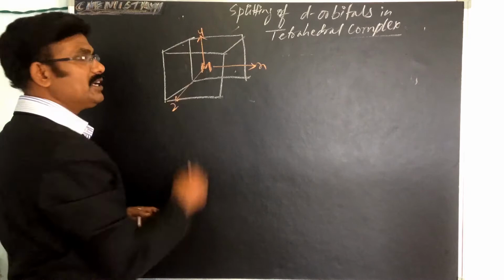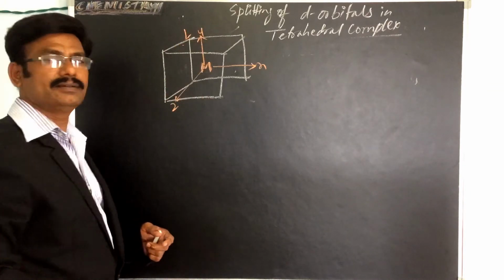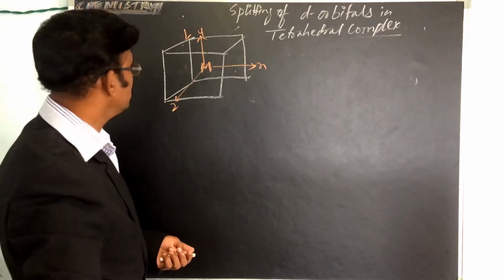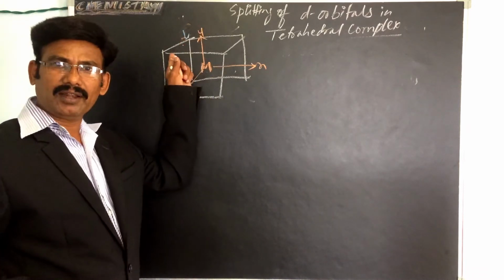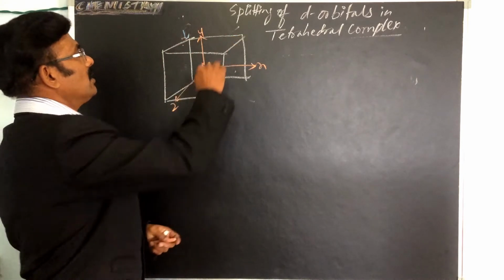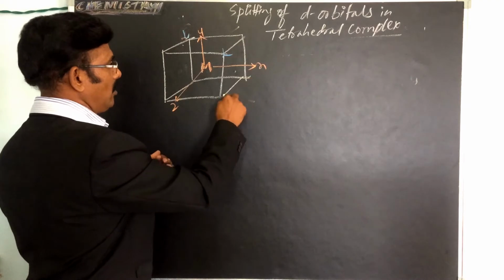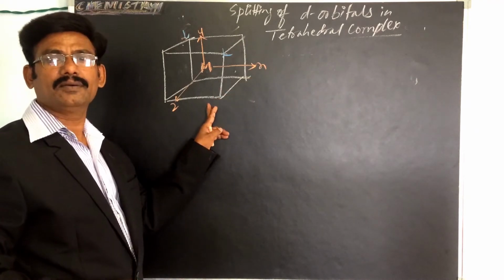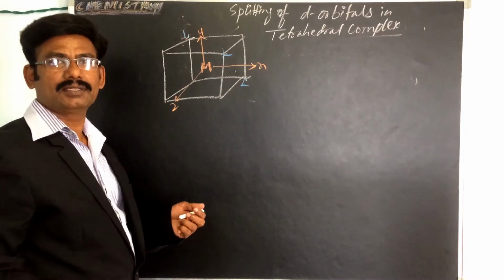So for alternate corners, this is one corner with a ligand. We take the other ligand at another corner, leaving one corner in between. These are the alternate corners.